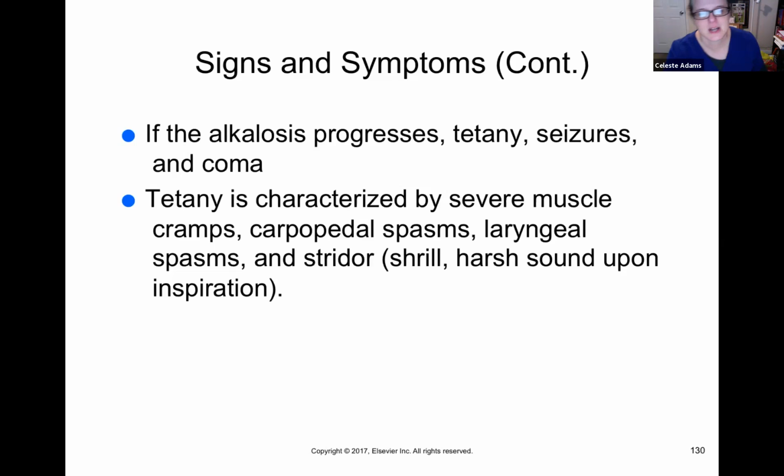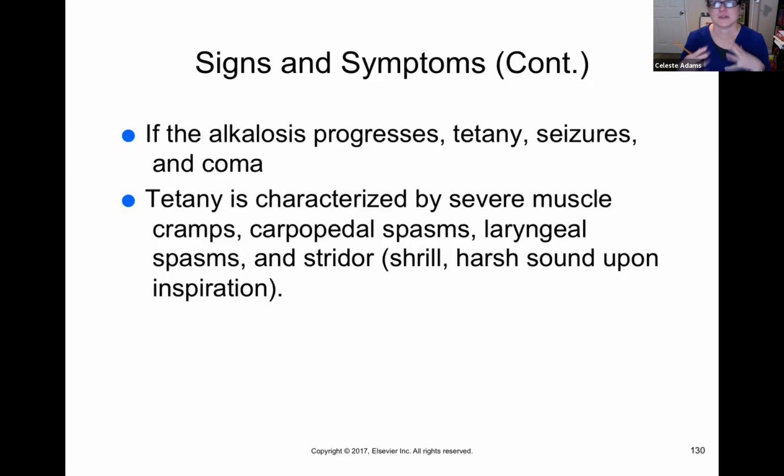So this is a little bit more of a respiratory symptom, even though it's more metabolic. You're dealing with a kidney problem, and you may have this small respiratory problem of stridor. That is not really a respiratory problem, but more of a respiratory muscle problem.